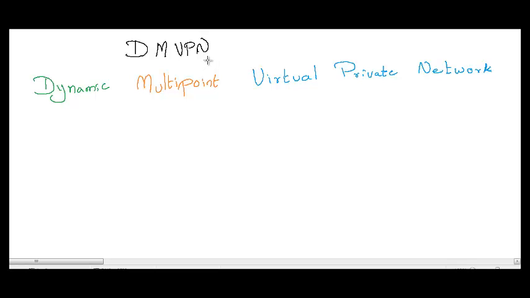The advantage of having DMVPN is that it's scalable, whereas a static GRE tunnel is not scalable. We need to construct multiple tunnels with multiple sites. If it is a normal GRE tunnel and you have 3 remote sites, then you need to have 3 tunnels. Whereas Dynamic Multi-Point VPN is not like that.